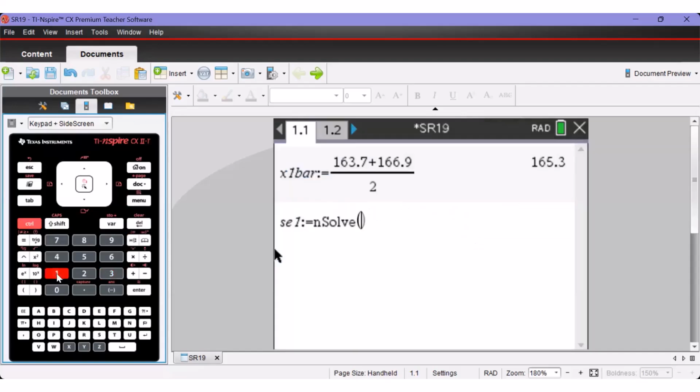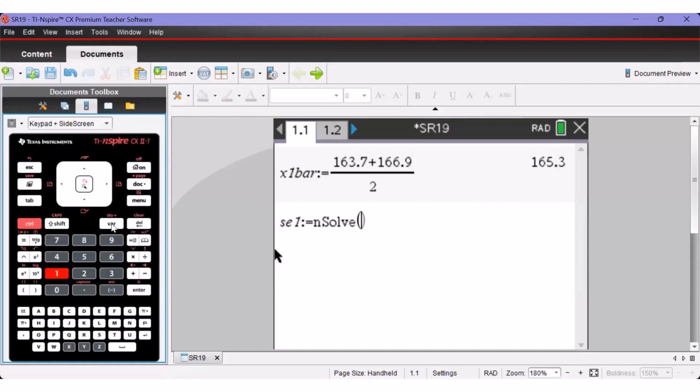And the equation I want to solve here is 165.3, which is x1 bar, plus 1.96 times s1 on the square root of n equals 166.9, and I want to solve it for s1 on root n. So let's enter that.